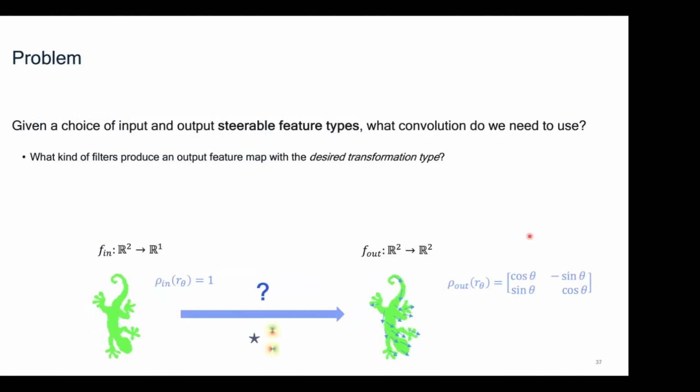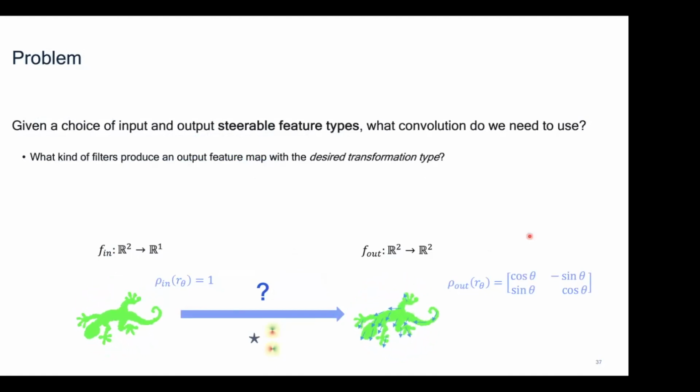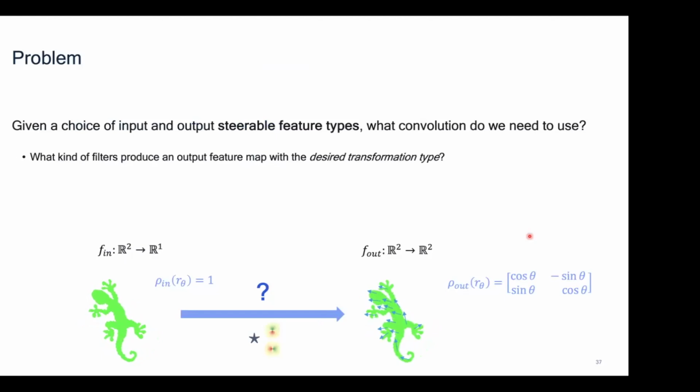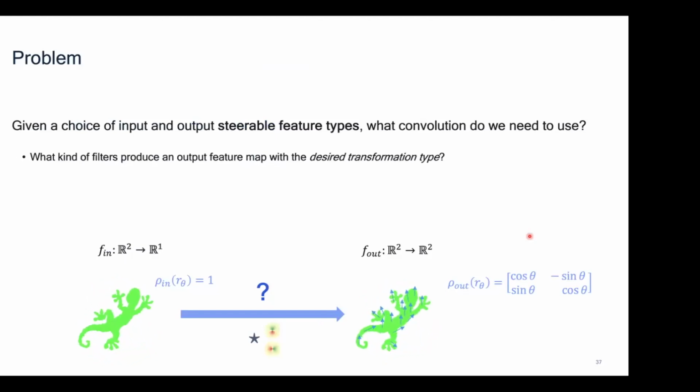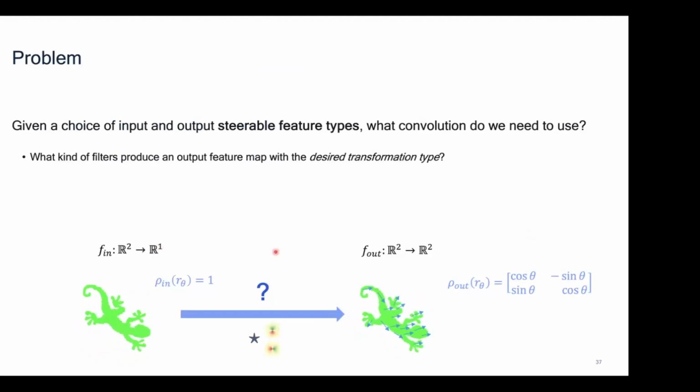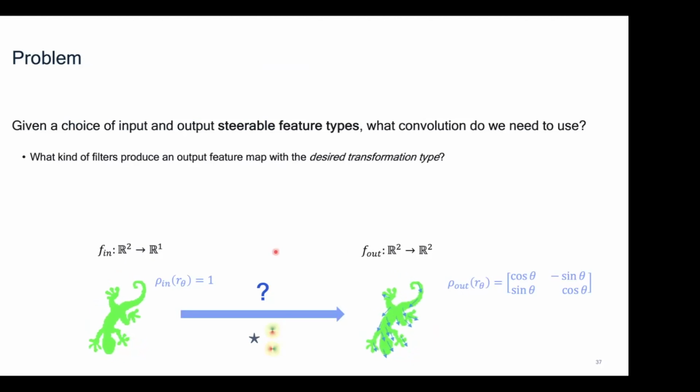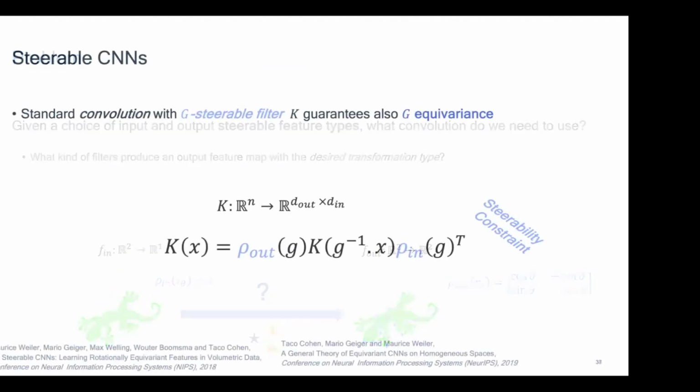Well, that's essentially the question. We want to build first convolution layers that commute with respect to their input and output transformation laws, whether those are scalar and vector fields or other types of feature fields. And this was partially solved by previous works from our colleagues in Amsterdam.